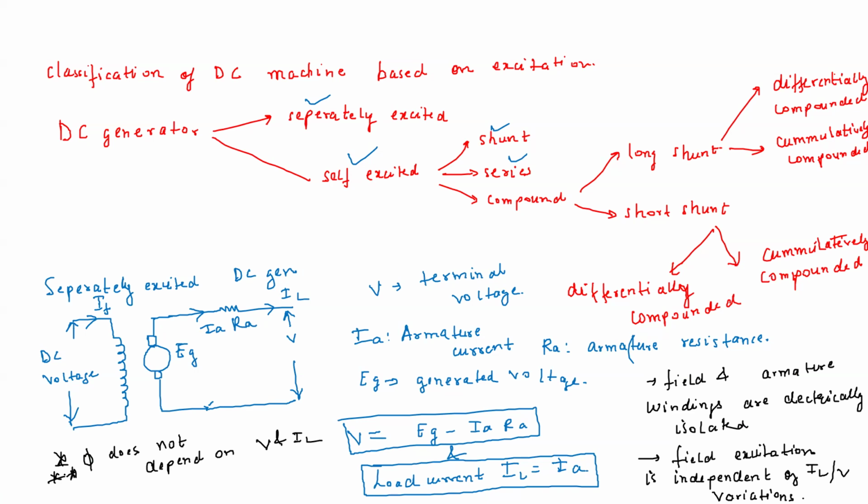Now we will see the shunt generator. Okay, so let us see the shunt generator. A shunt generator is something like this, that you have the generated voltage here.